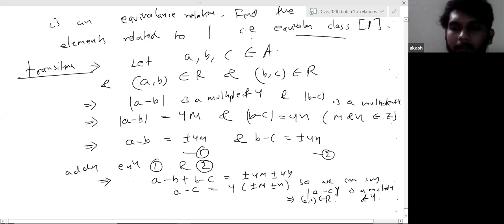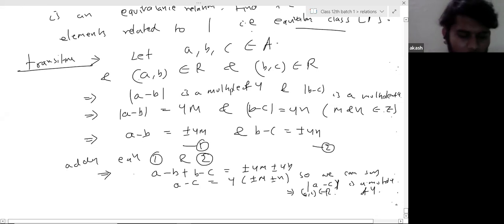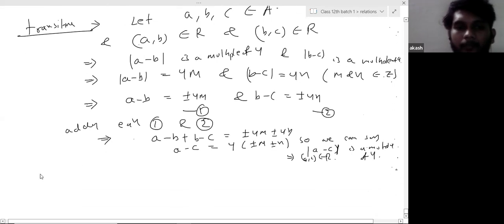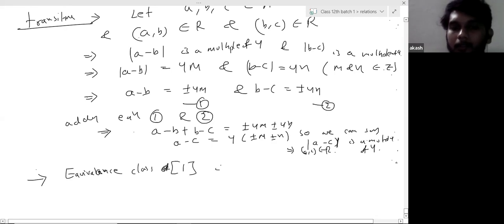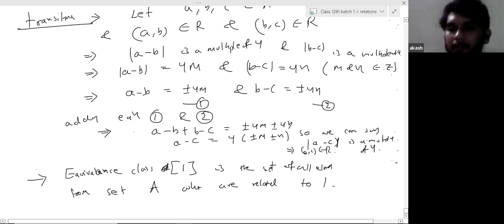All right. Now the second part says equivalence class of 1, right? So what is an equivalence class? Equivalence class of 1 is the set of all elements from set A which are related to 1. It is as simple as this.